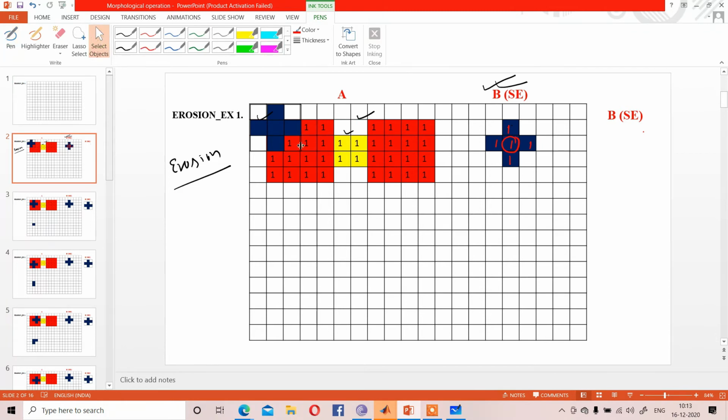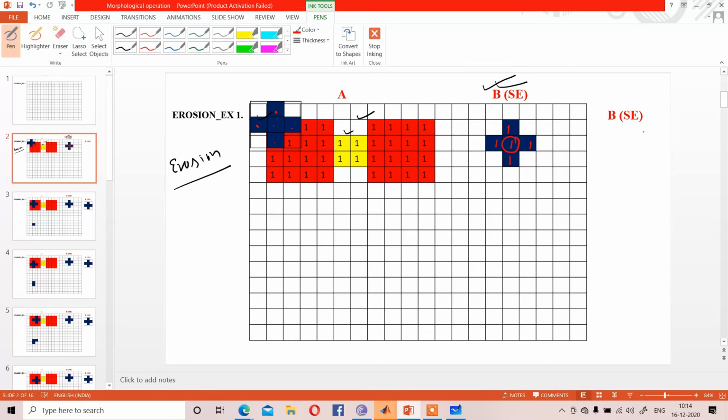First, you need to compare that. See, first I am putting my structuring element at the first position. If I put the structuring element at the first position, what is happening? These three are matching, this one is matching, this one is matching, but these two places are not matching. So we will not consider that portion as eroded data.